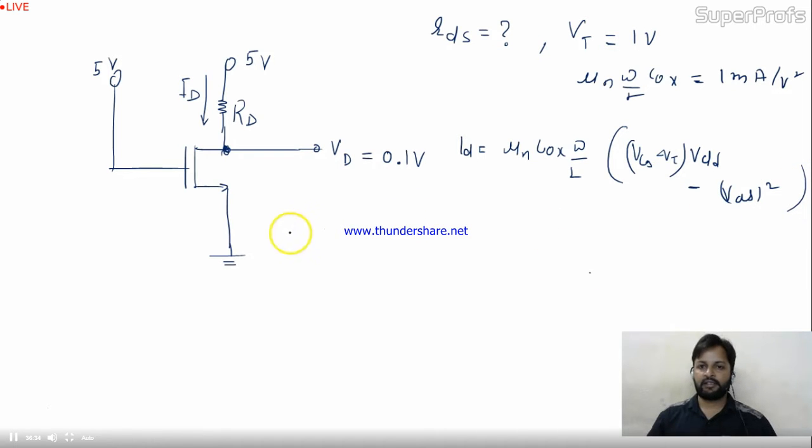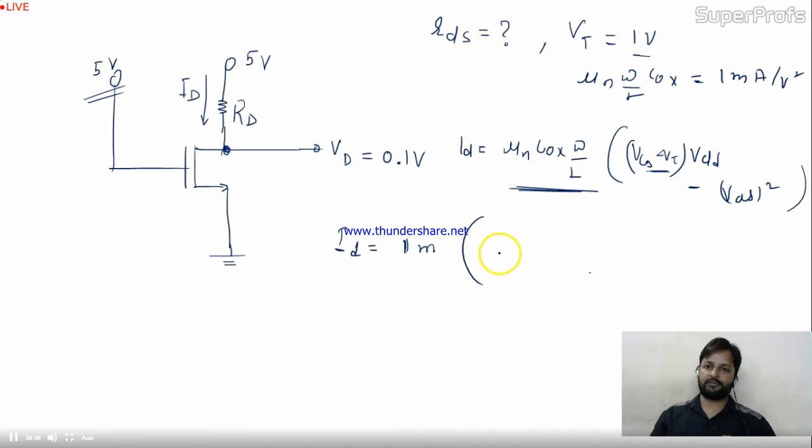Is it okay? Now in this formula this term is given. So ID is, what is this term? 1 milli. What is VGS minus VT? VG is 5 and this is 1, so this will become 4. What about VD? VD is 0.1, minus 0.1 whole square.